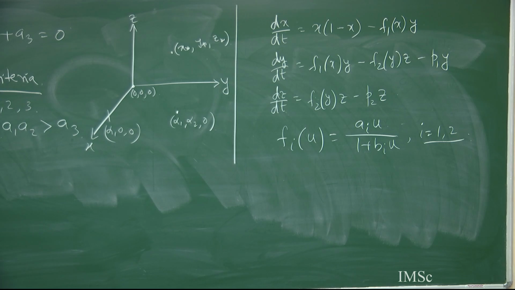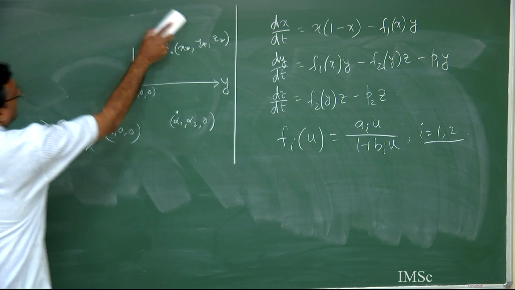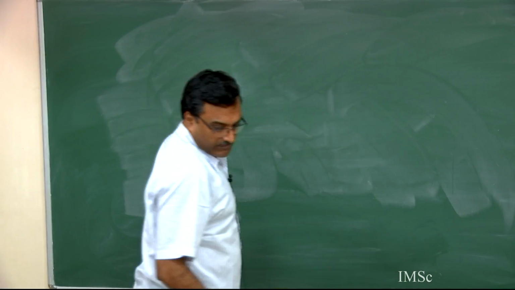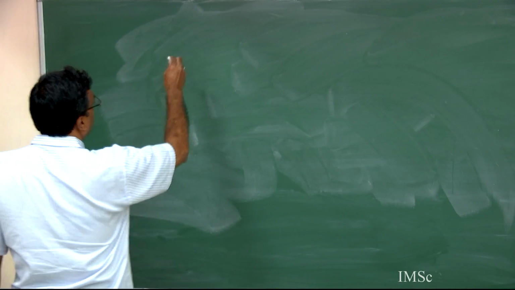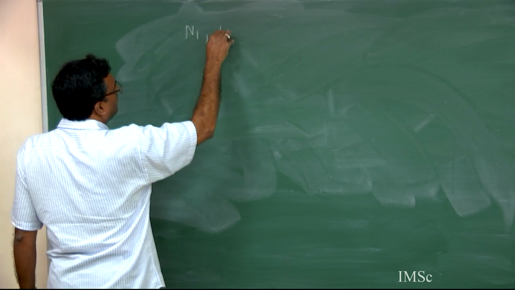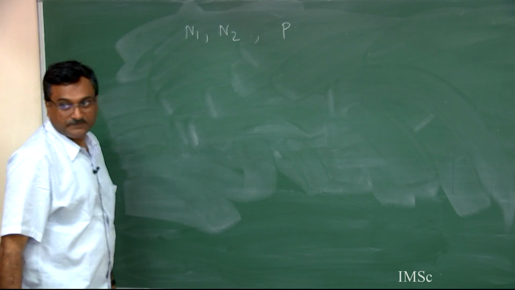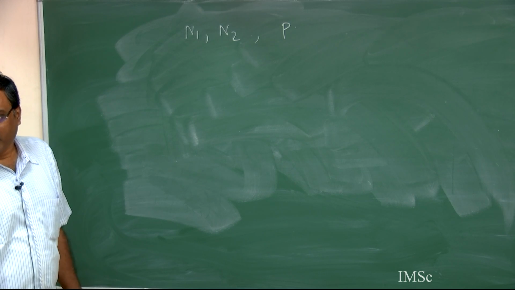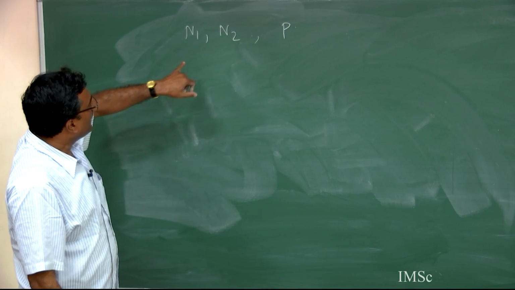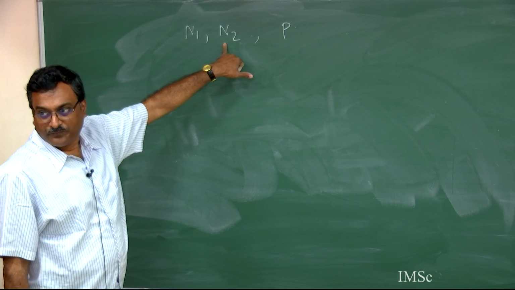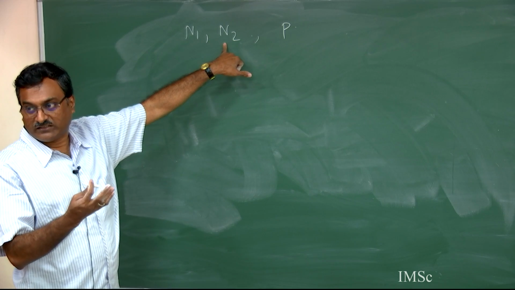Suppose that N1 and N2 denote the 2 prey populations and P is the predator, right? And we are assuming that growth of N1 and N2 are independent of each other.